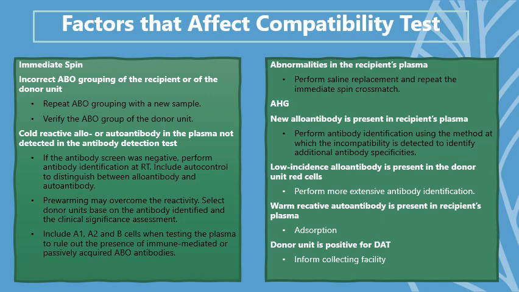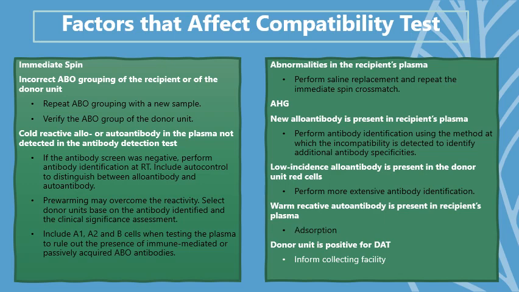The resolution is to perform more extensive antibody identification. Warm reactive autoantibody is present in the recipient's plasma. So the resolution for this is adsorption to remove the autoantibody. Donor unit is positive for DAT. So the resolution is to report this incident to the collecting facility.